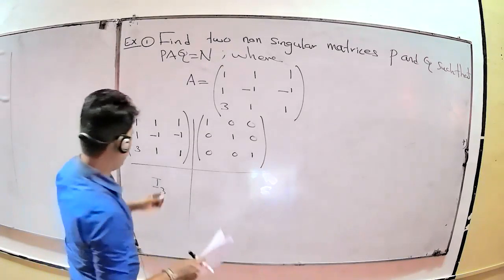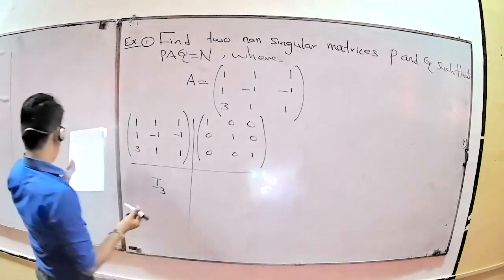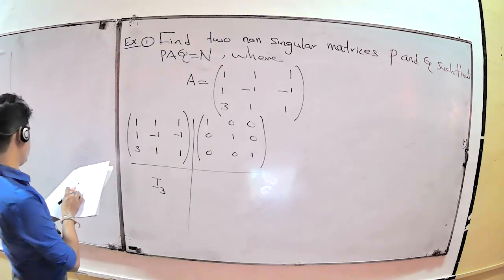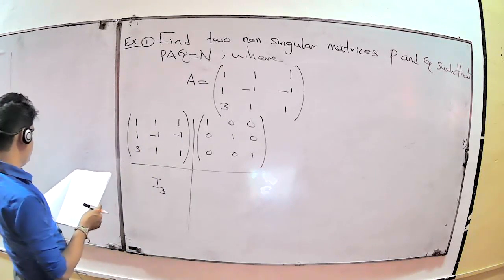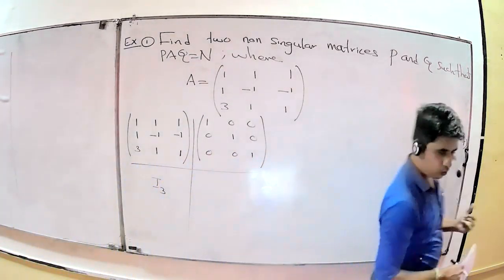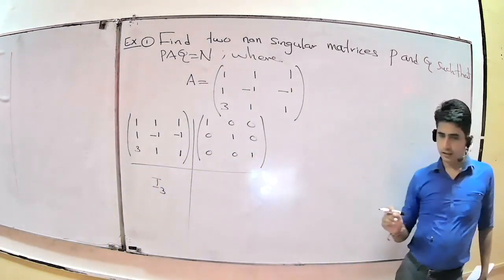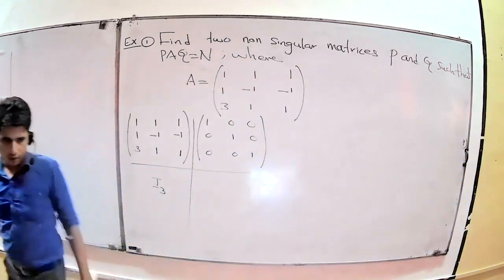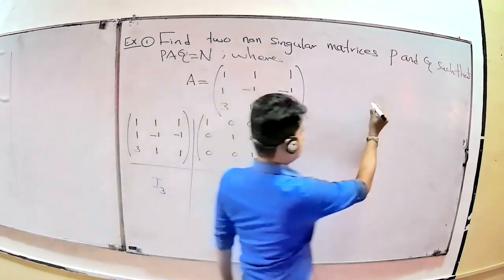Now, first do the row operation. You know from some previous videos, you already learned the normal form.